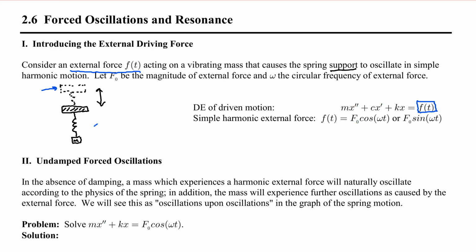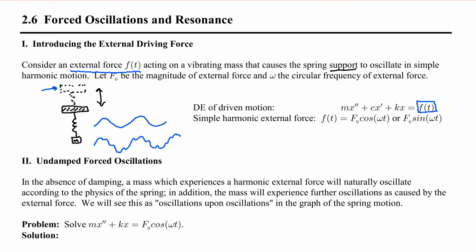So whereas the mass would normally oscillate up and down in natural behavior, of course absent damping forces, now it's going to experience oscillations upon oscillations as it also is affected by that external forcing function.